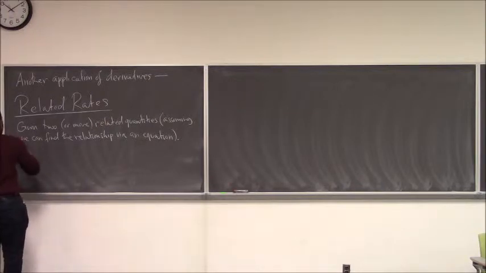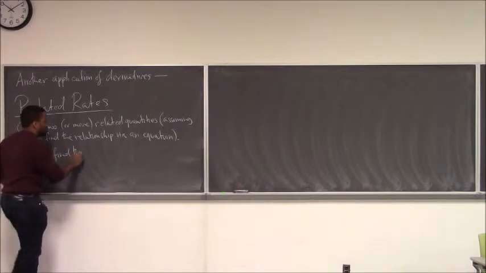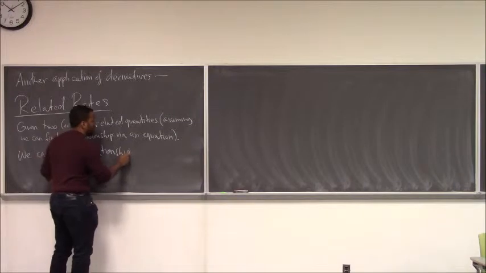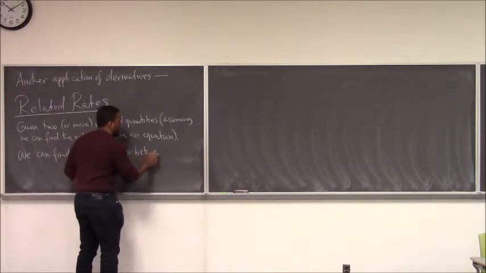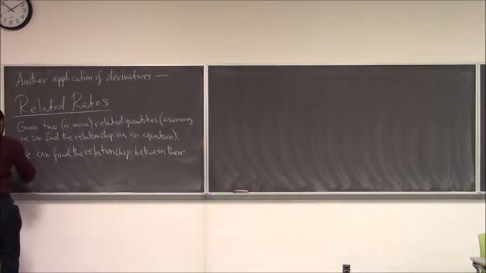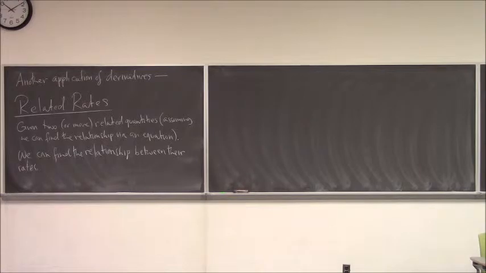It turns out that we can actually use this. We can find the relationship between their rates. And that's by doing something pretty simple, just differentiating the equation that you had before.